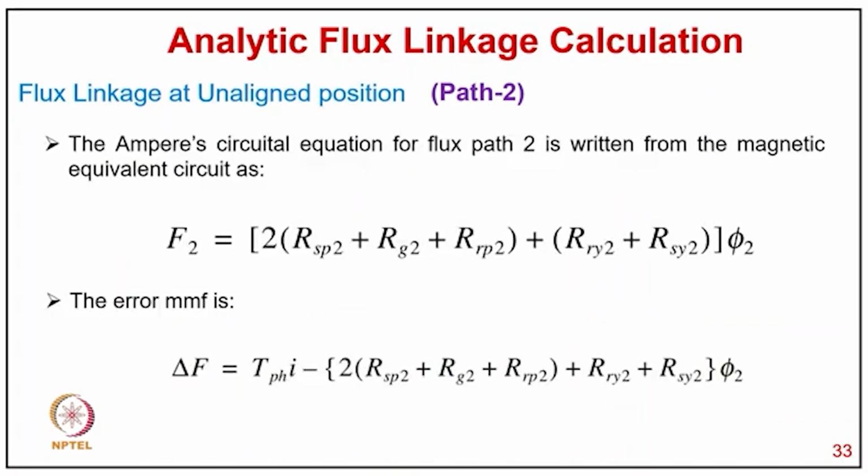The ampere circuit equation for flux path 2 is written from the magnetic circuit, that is F2 equal to in bracket 2 RSP2 plus RG2 plus RRP2 bracket close plus in bracket RRY2 plus RSY2 multiplied by phi 2. So the MMF is delta F equal to T_PH I minus in bracket 2 RSP2 plus RG2 plus RRP2 bracket, and then plus RRY2 by 2 plus RSY2 by 2 into phi 2.